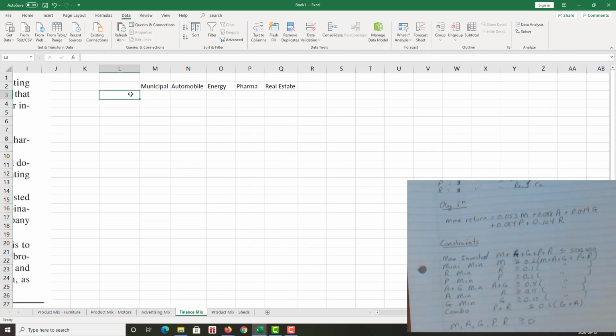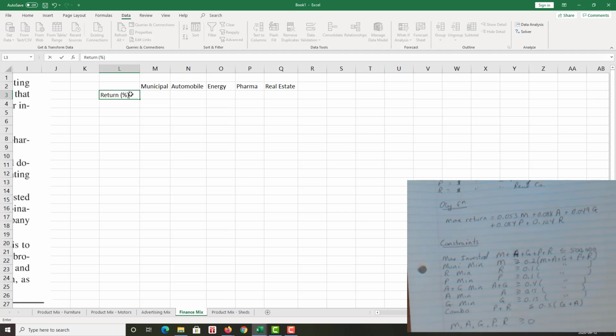We have our return. I am going to keep the return as a percentage, and I'm going to show it on my Excel sheet here as a percentage. For no mathematical reason, I could easily keep it as a proportion, for a mathematician doesn't care if you say 5.3% or 0.053.